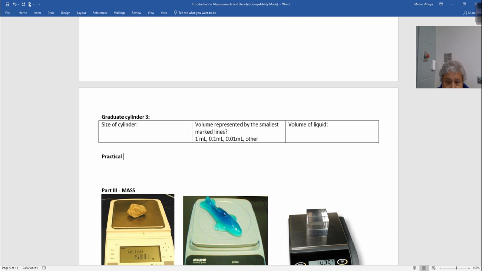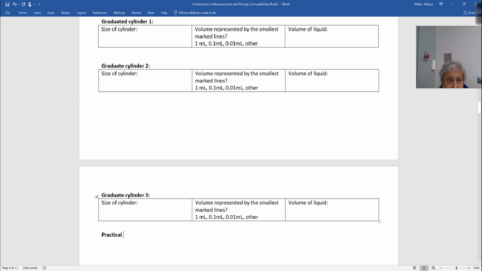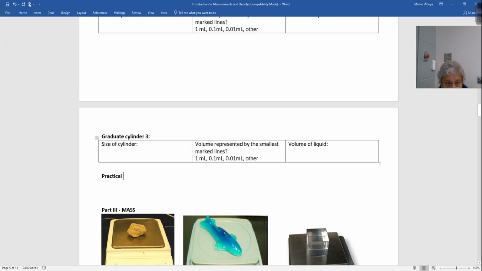Practical graduated cylinder. So it is practical reading of volume in a real graduated cylinder.